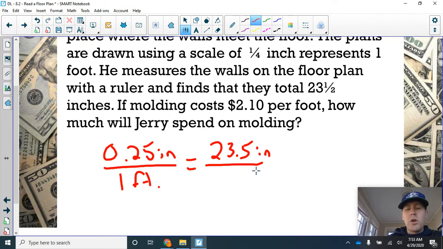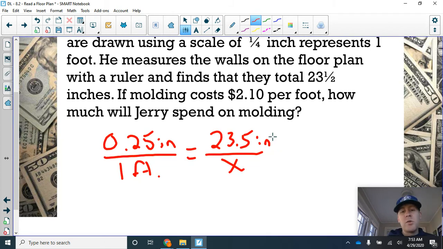The bottom shows how much that represents in real life, which we don't know. What do we use to represent a length we don't know in an equation? A variable. So we'll put x down here. We say 0.25 inches to 1 foot is the same as 23.5 inches to how many feet?